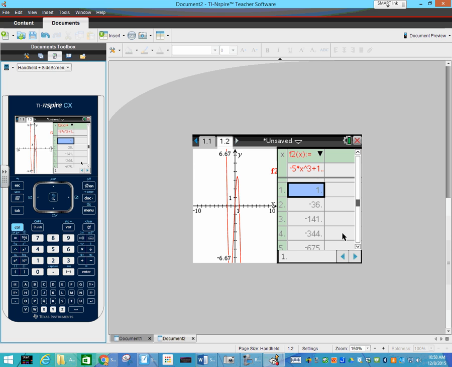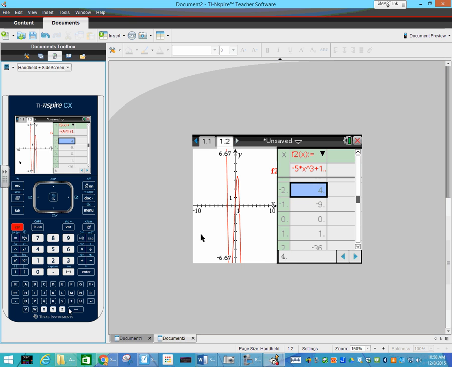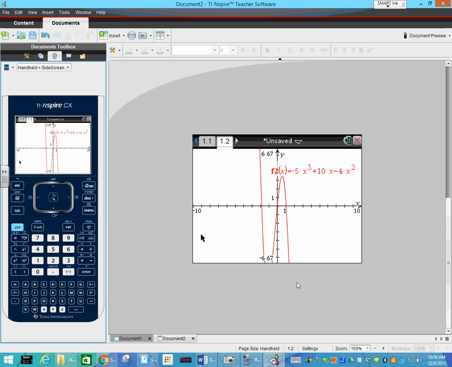So if I go up to 0, because I have 0 right here, then I know that this is a 0, and the other one we know is not. You can see clearly, on our graph it looks like it goes through at 1, but if you look at your table, 1 does not give you a 0, so it's not a 0. So Control T puts your table on and takes your table off. So I know this is a 0, but I need to go figure out these other two.